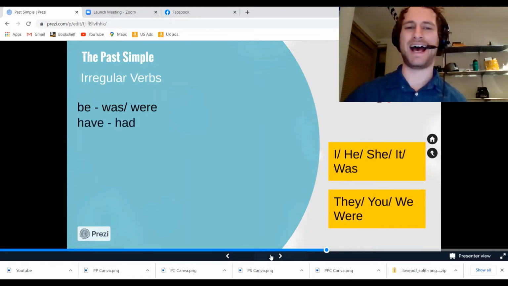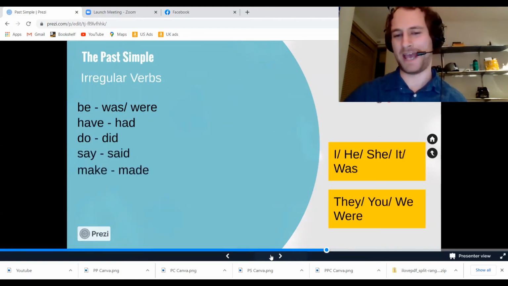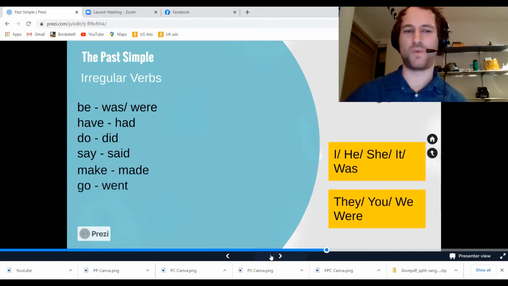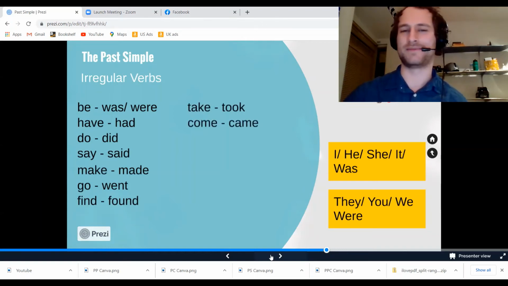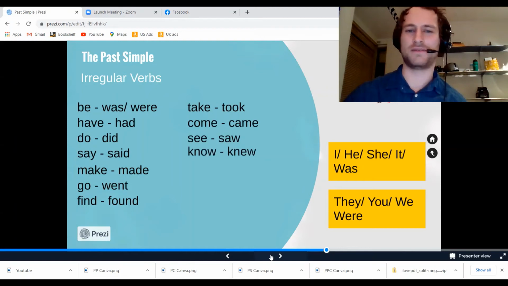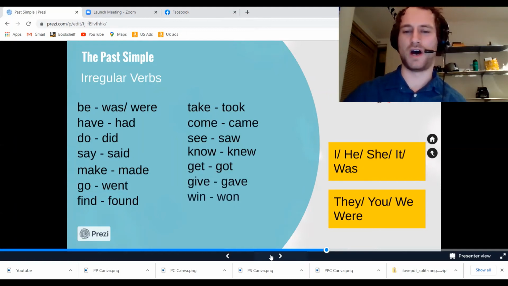Have becomes had, do becomes did, say becomes said, make becomes made, go becomes went, find becomes found, take becomes took, come becomes came, see becomes saw, know becomes knew, get becomes got, give becomes gave, win becomes won.